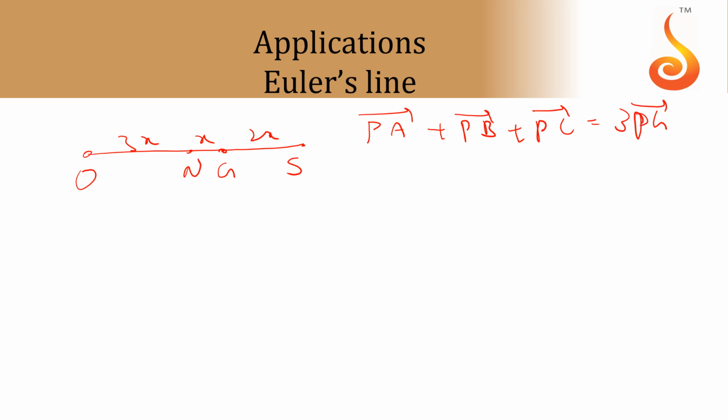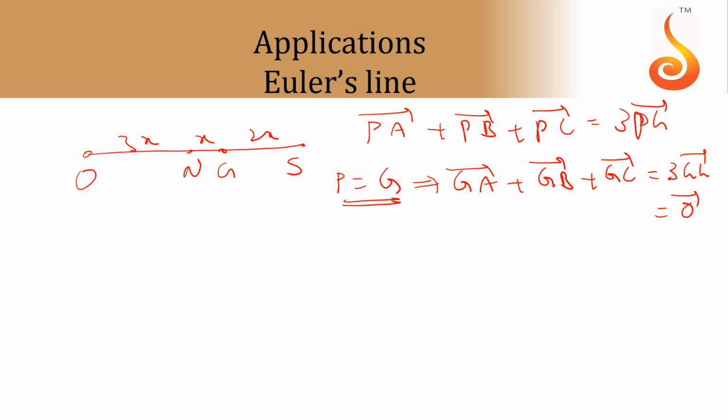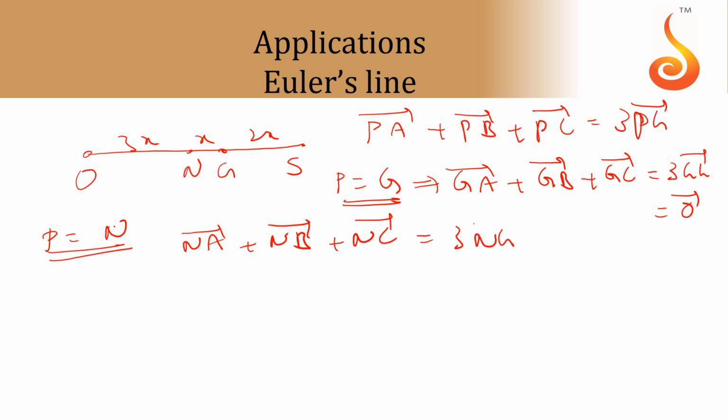I told you that P can be any point in the plane of the triangle. Suppose I take P equal to the centroid. Can I say it is GA bar plus GB bar plus GC bar equal to 3 GG bar, which is the zero vector? So this is one result. Suppose I take P equal to the nine-point circle center, so I can say NA bar plus NB bar plus NC bar is equal to 3 NG bar. So 3 NG, NG is this.